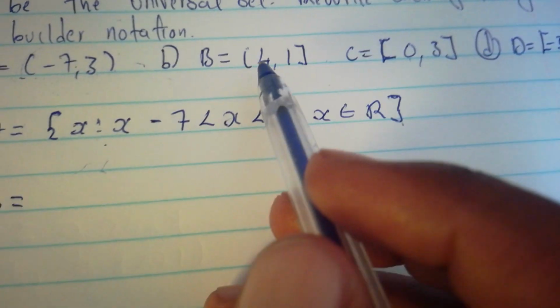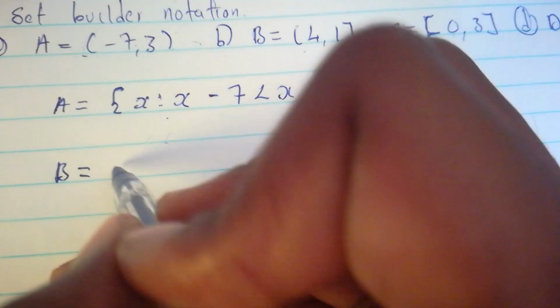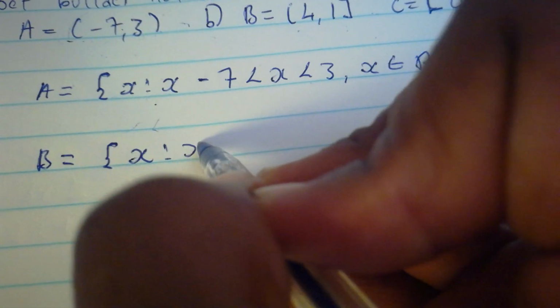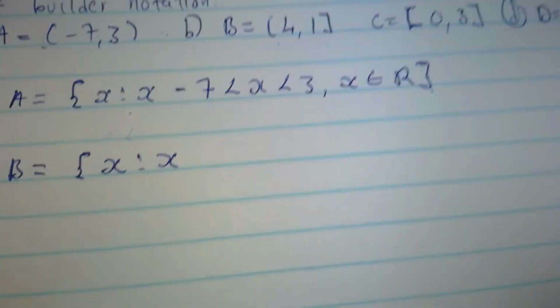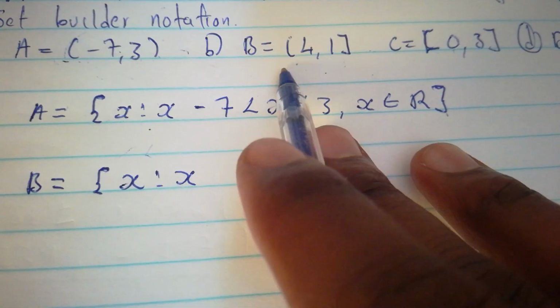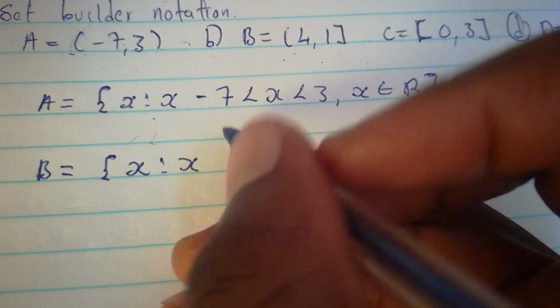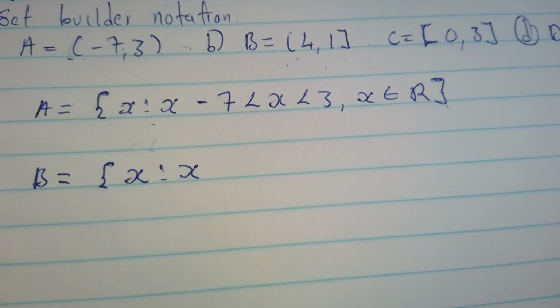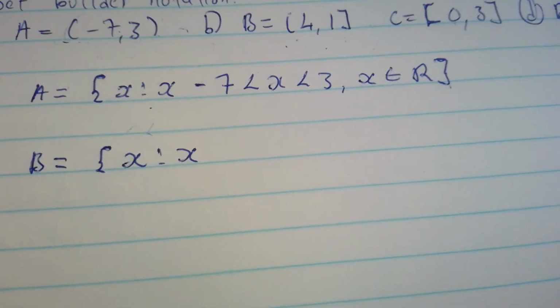So B, if you look at B, you see the first one isn't defined, but the other one is, because of the bracket that we have. So again, we'll open with a brace and we'll say x is such that x is, so they are all positive, right? Now, if you look closely, you see that 1 is less than 4. So the 1 will be this side, because we can't have a number being less than a number which is bigger than the other one.